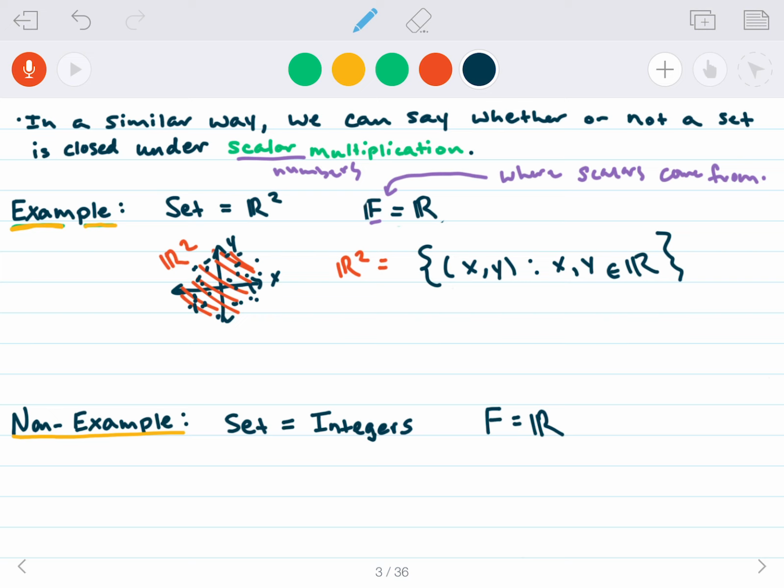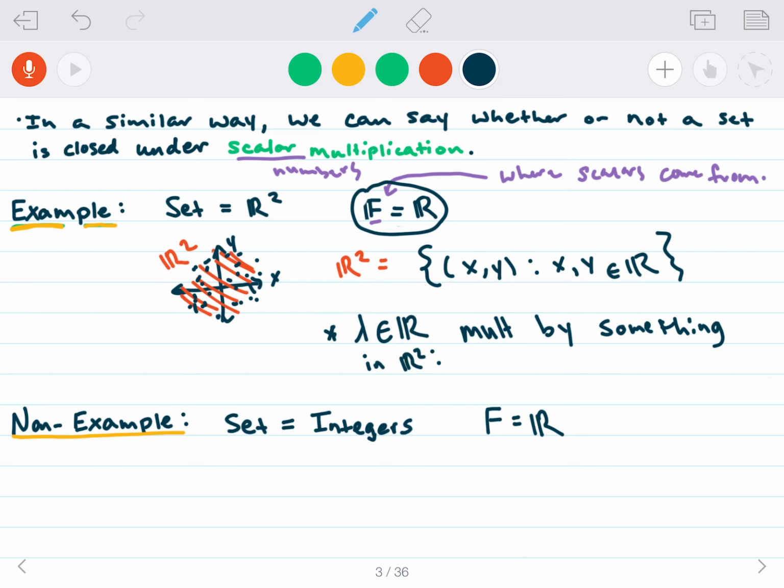And R2, so ordered pairs, is closed under multiplication by real numbers, right? Because if lambda is a real number, so lambda can be any real number, and we multiply by something in R2, let's say lambda times (x, y), where x and y are real numbers, then we get (lambda x, lambda y).